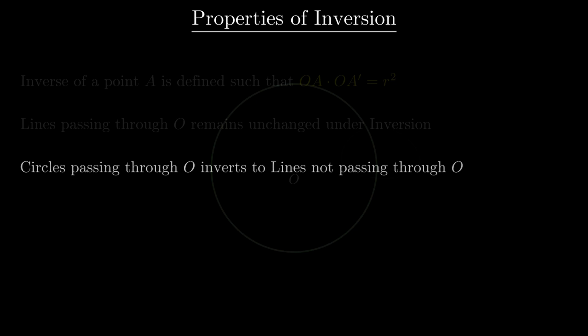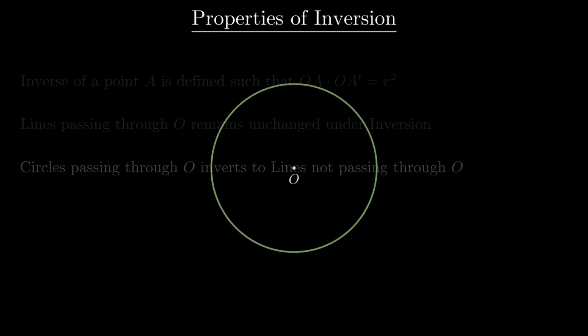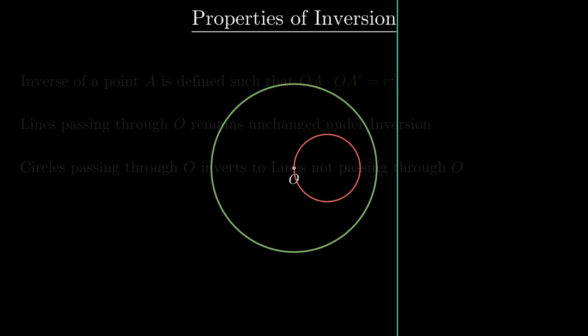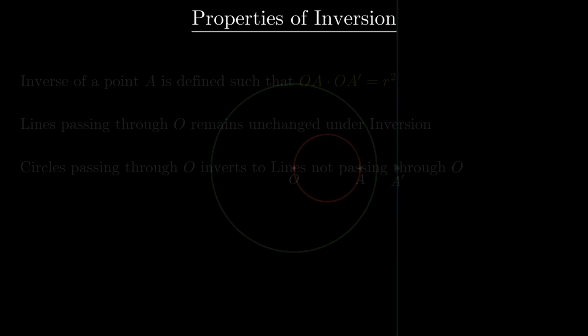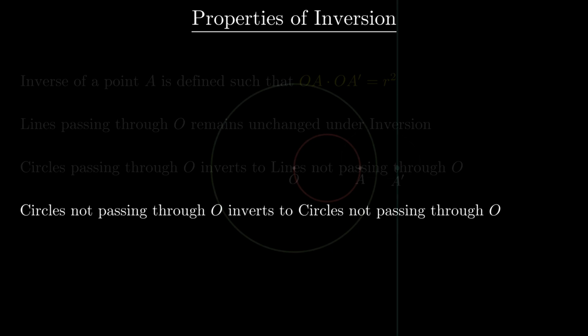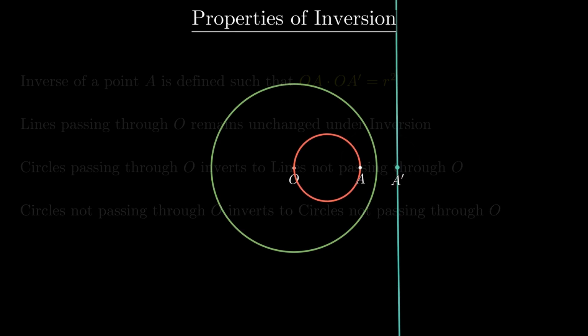The inverse of a line not passing through the center of inversion will always be a circle passing through the center of inversion. The inverse of a circle not passing through the center of inversion is a circle not passing through the center of inversion.